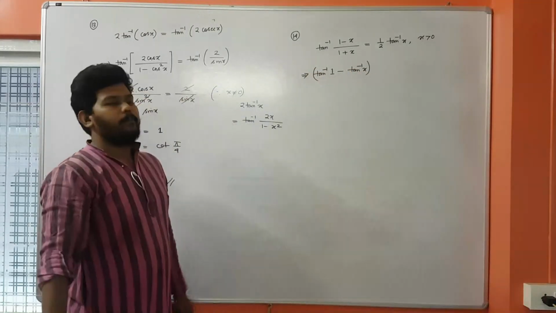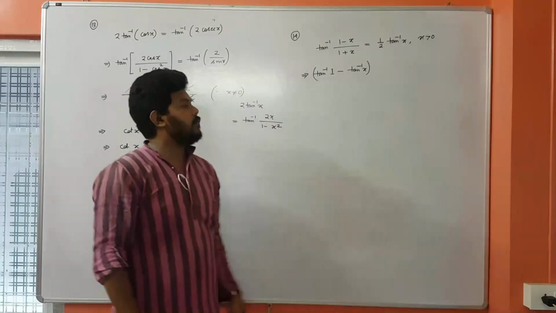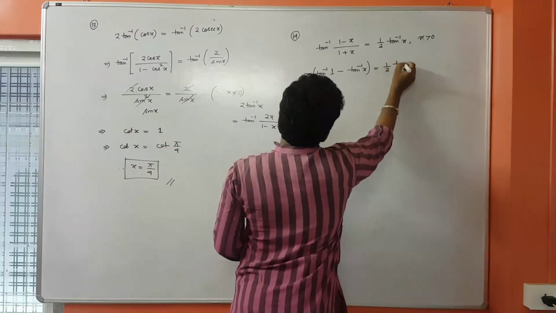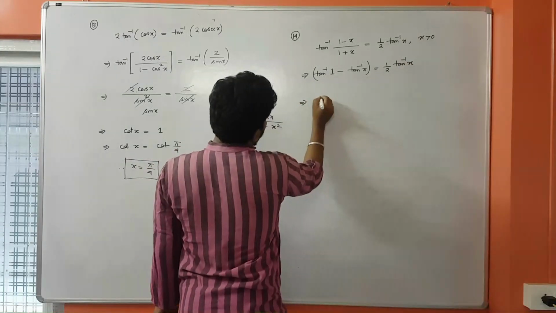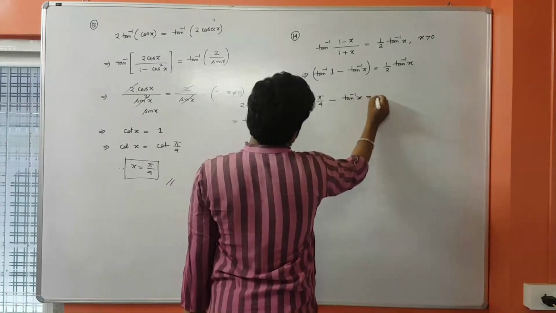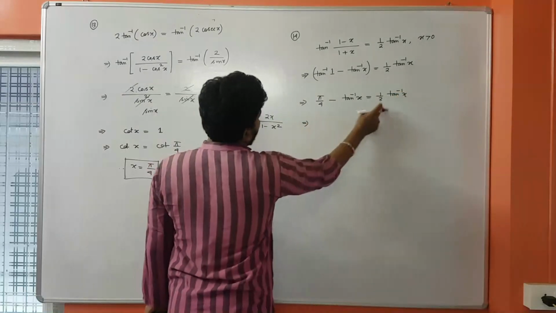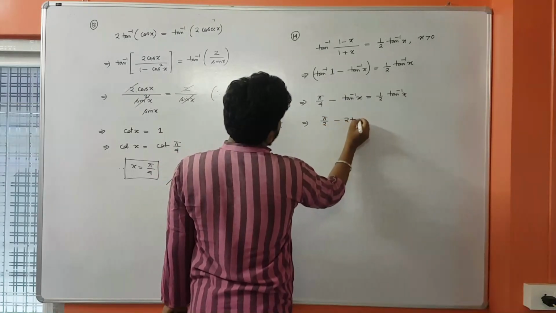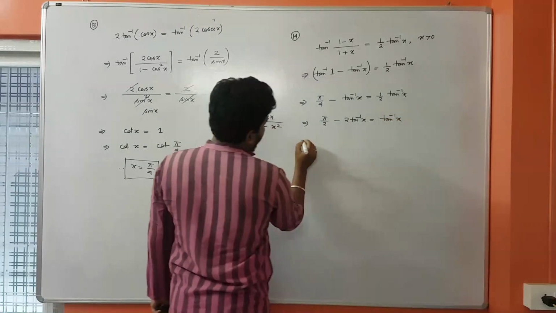Hope you get the property, tan inverse of x minus tan inverse of y. Now this is half of tan inverse of x. This is pi by 4 minus tan inverse of x is equal to half times tan inverse of x. Now multiply by 2, you will get pi by 2 minus twice tan inverse of x, again tan inverse of x.